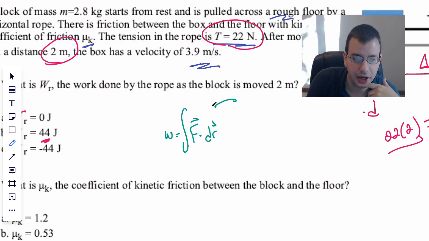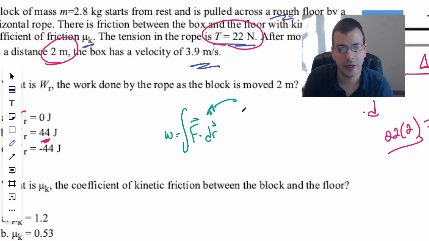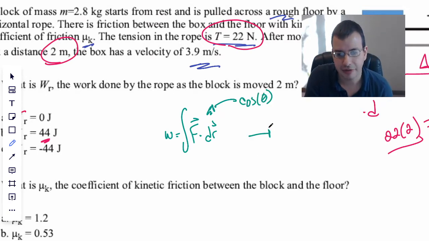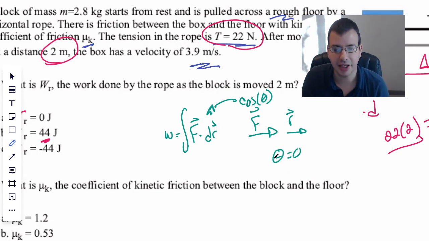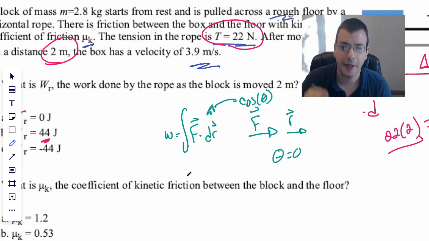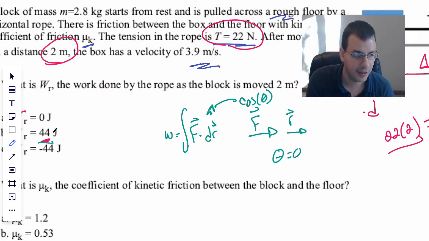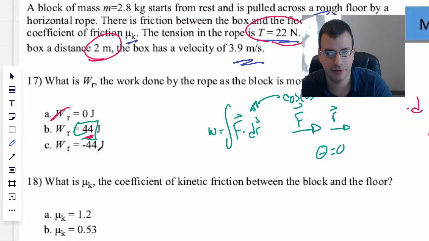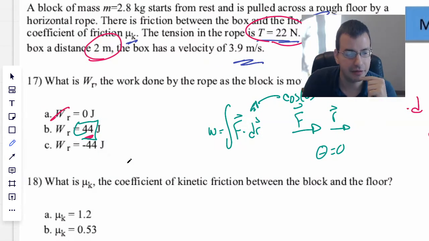The dot product has to do with the cosine of the angle between the two vectors. We have F going this way, we have r going this way, and therefore theta between the two is 0, not the opposite direction. They're the same direction, so we keep the positive sign. Therefore, the work is going to be positive 44 joules, not negative.